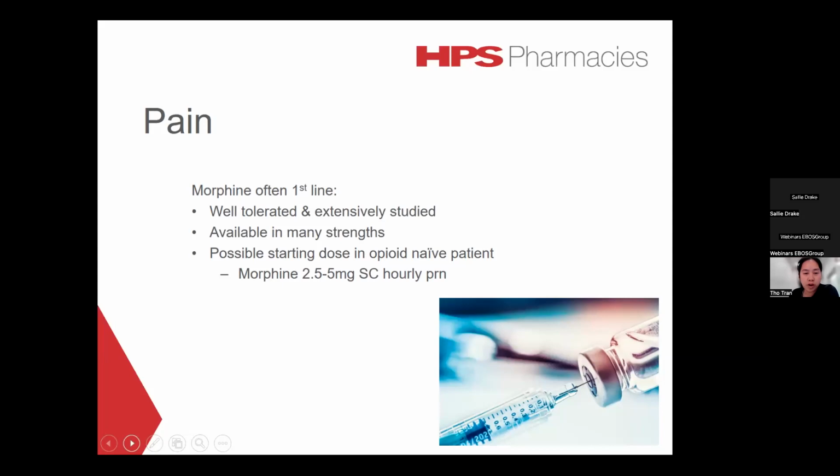So we start at about 2.5 to 5 milligrams subcut hourly when required. Morphine is available in different strengths, and it's very useful because we can minimize the volume required when we give it to the patients.